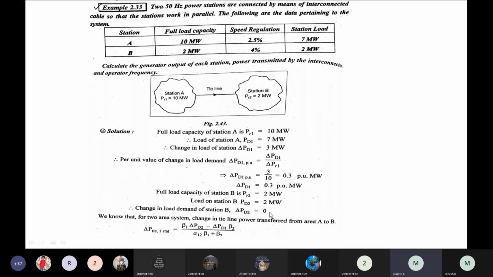So நமக்கு 2 by 2 வந்து பார்த்தீங்கன்னா எந்த value உம் கிடைக்காது. So there is no demand. So I'm treating the value as 0. And in two area system, the change in tie line power transferred from area A to B வந்து பார்த்தீங்கன்னா, del P12 static equals beta 1 del PD2 minus del PD1 beta 2, divided by A12 beta 1 plus beta 2.